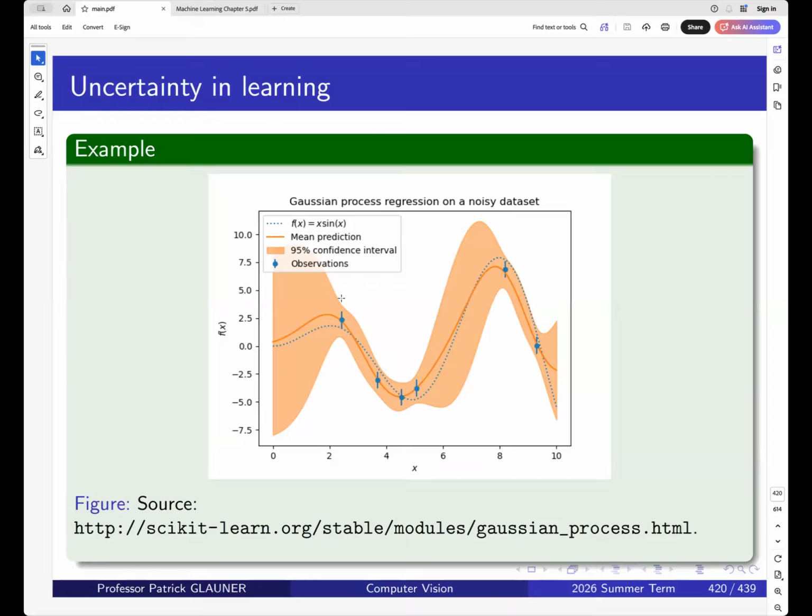What is actually more interesting is something like a confidence interval, where we want to have a 95% confidence interval. And we want to visualize this in orange here as well, as you can see. This is something that works surprisingly well with a Gaussian process, which not only makes a prediction, but can also predict this confidence interval.